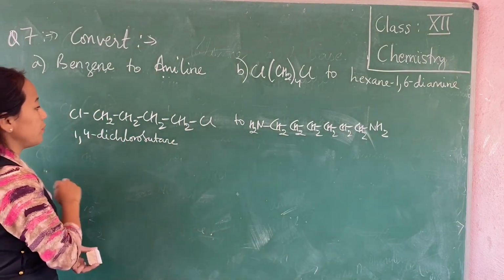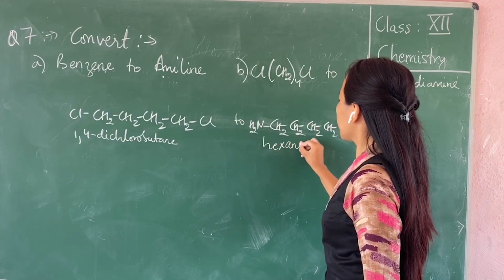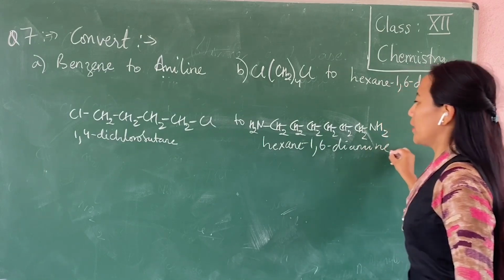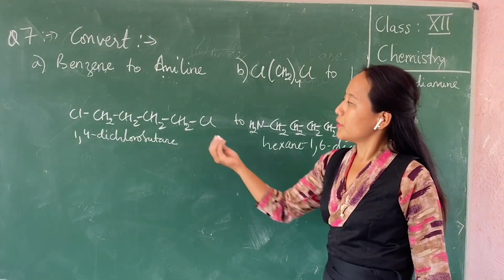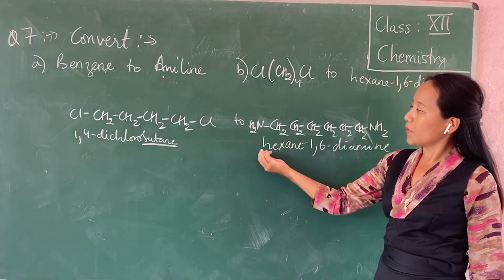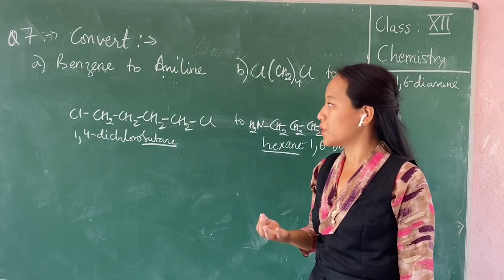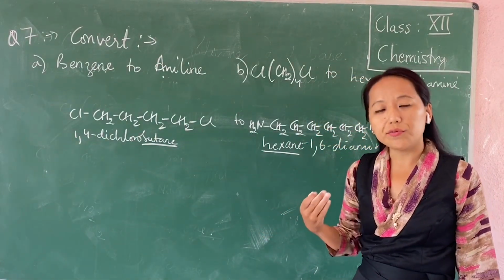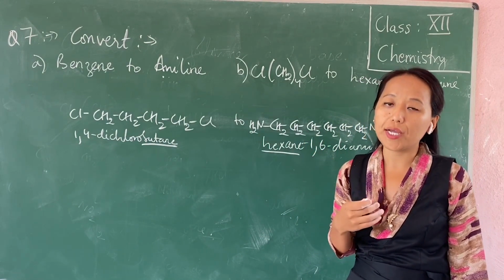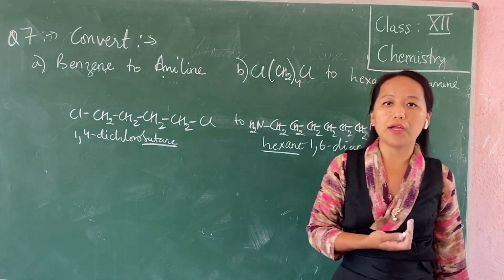Now you have to convert 1,4-dichlorobutane to hexane 1,6-diamine. Okay, now see, the reactant has 4 carbon atoms, whereas in the case of the product there are 6 carbon atoms. So you need to have 2 more carbon atoms in the product. So for that, under preparation, we are going to use the method reduction of nitriles. Under reduction of nitriles you get an amine containing more number of carbon atoms.